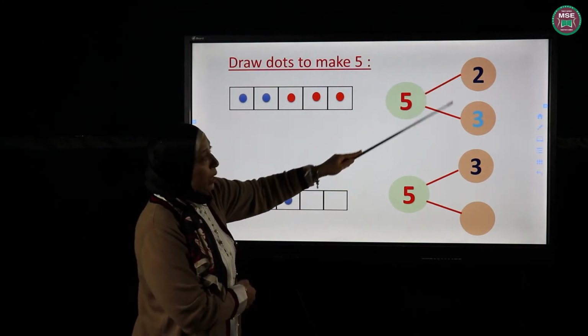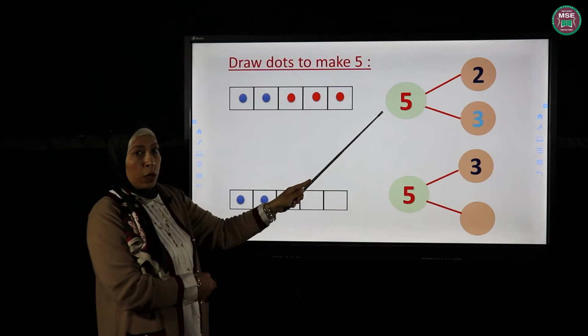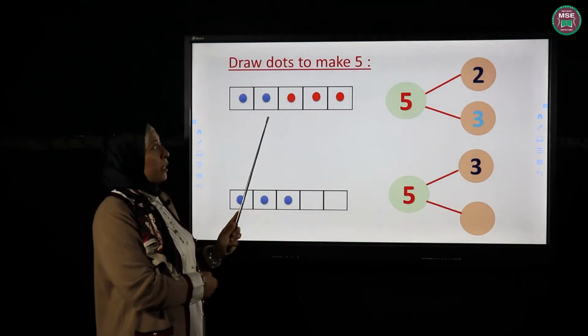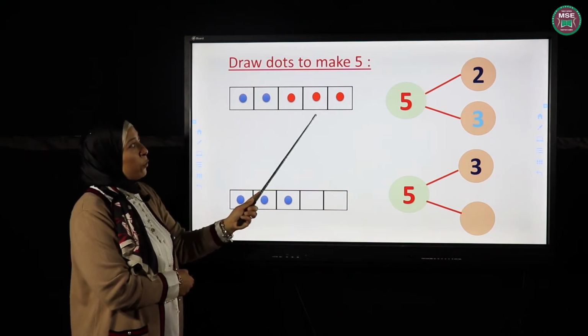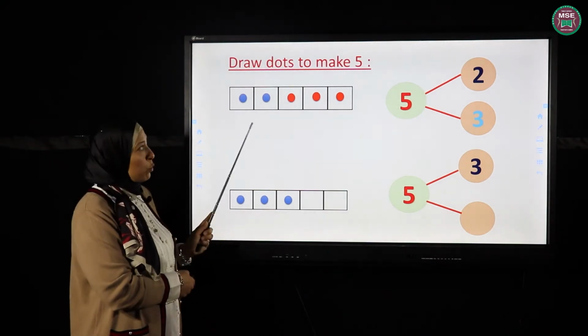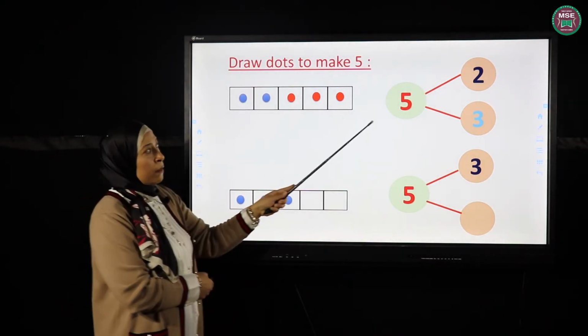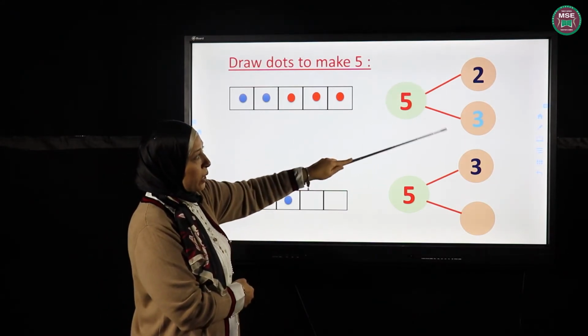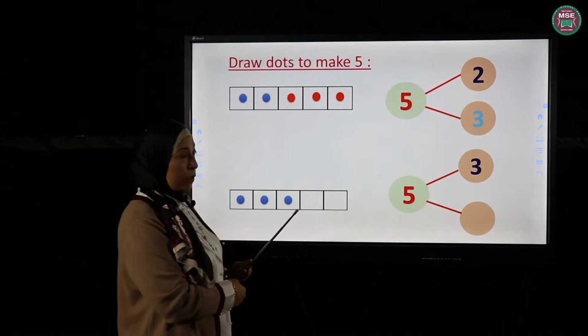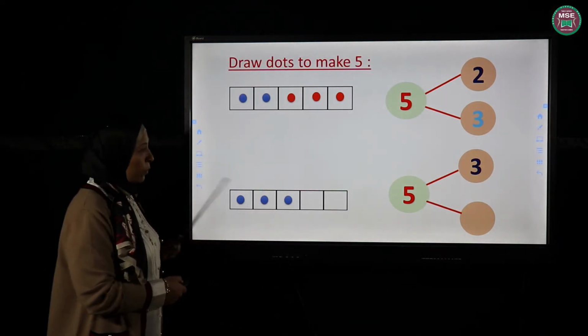So 2 and 3 give us a whole number 5. Just like you can see on the 5 frame here. We have 1, 2, 3, 4, 5. So the 5 frame shows also number 5, and the number bond of 5 shows that 2 and 3 makes 5. Okay, let's move to another one.